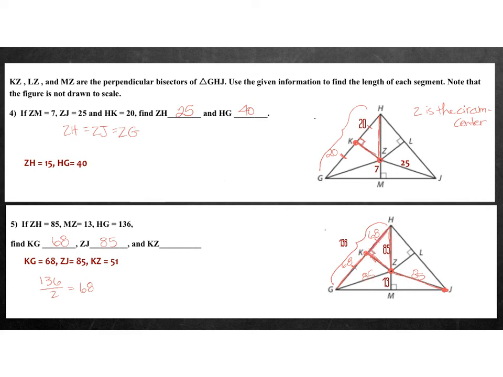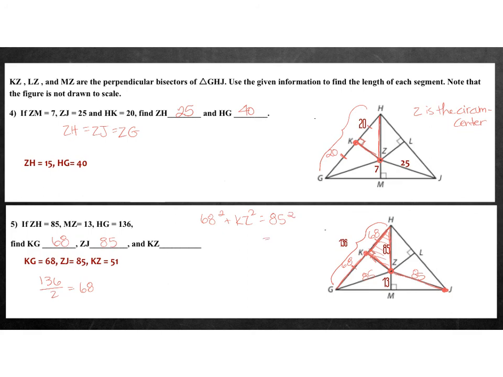I could use this red right triangle and the Pythagorean theorem to find my missing side, KZ. My hypotenuse is HZ, 85. So I could set up my Pythagorean theorem: 68 squared plus KZ squared equals 85 squared.